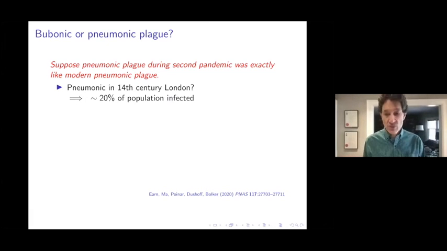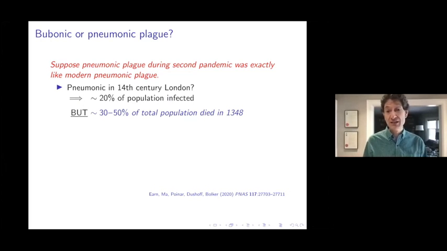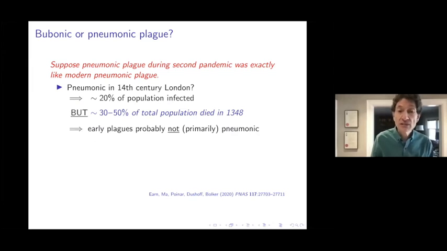But we know from historical records that more like 30 to 50% of the population of London died in 1348. So that's really inconsistent, suggesting strongly that the early plagues were not primarily pneumonic plagues. And that's not the world's strongest inference.